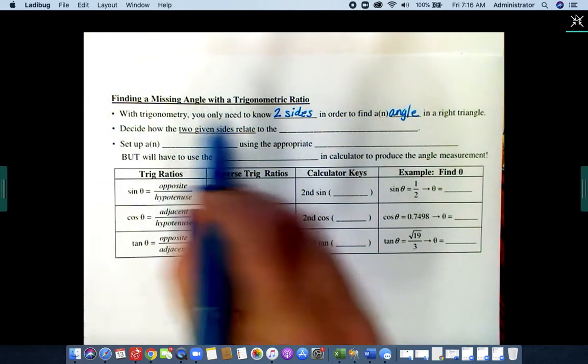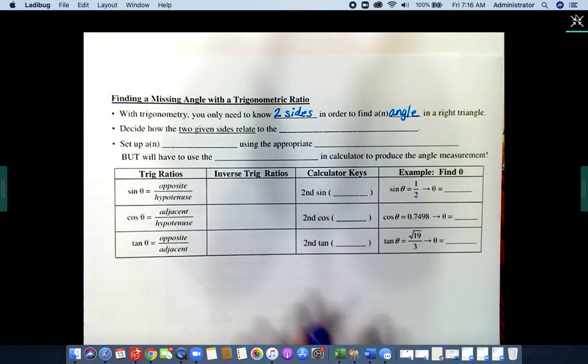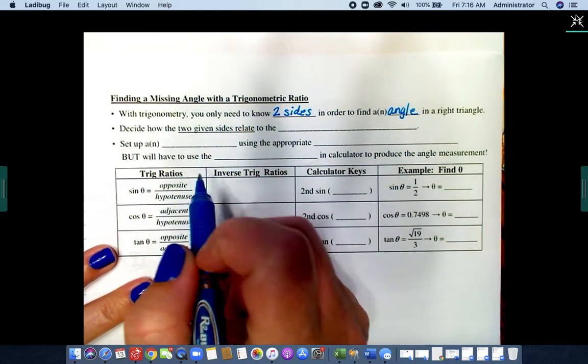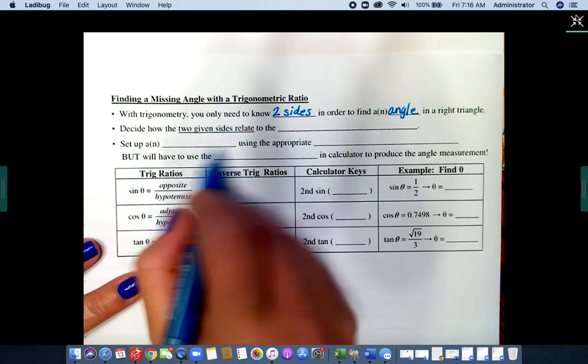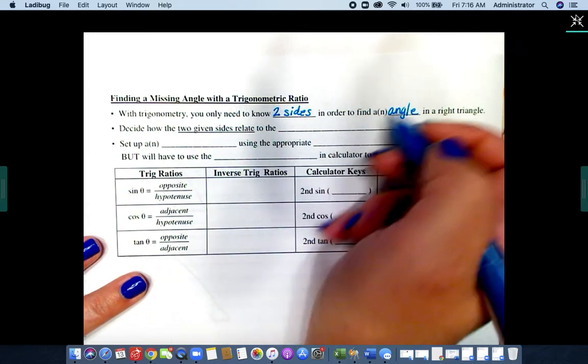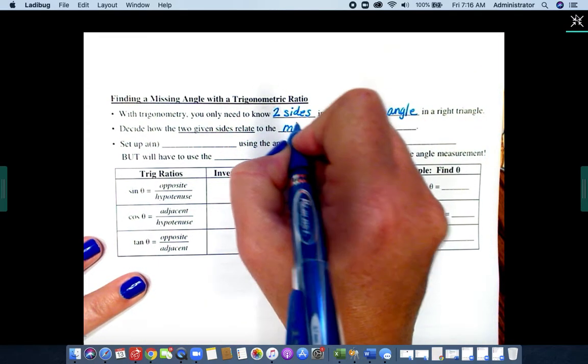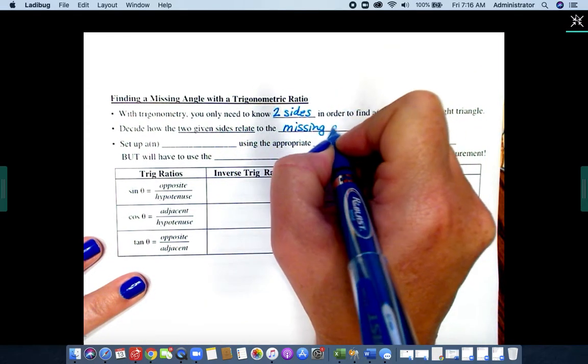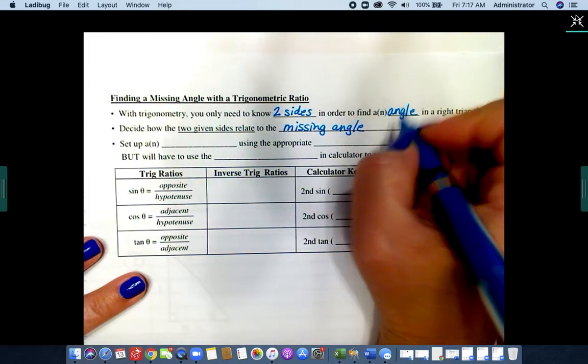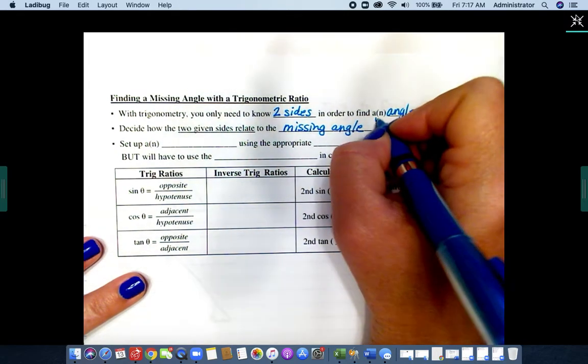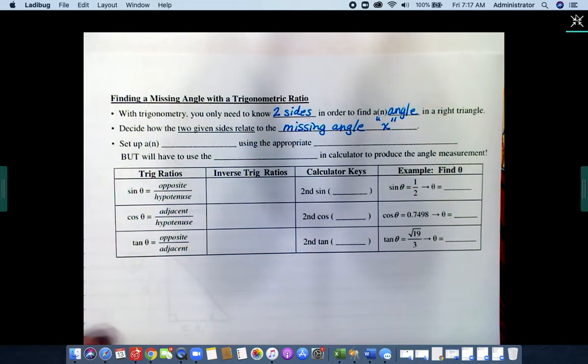So you need to be writing all of this down, everything up here, if you're unable to print, okay? So first you will decide how two given sides relate to the missing angle. And on the Delta Math practice problems, that means we're going to be using x for our angle measure.